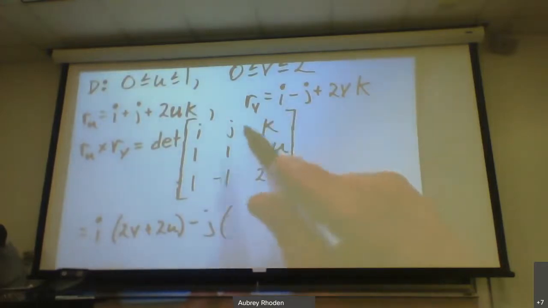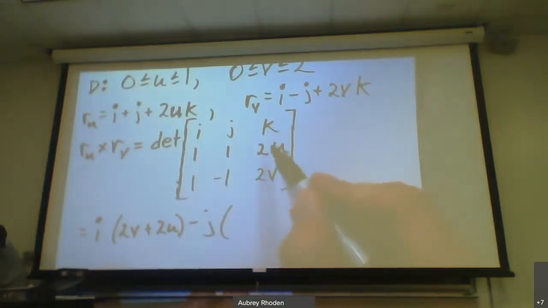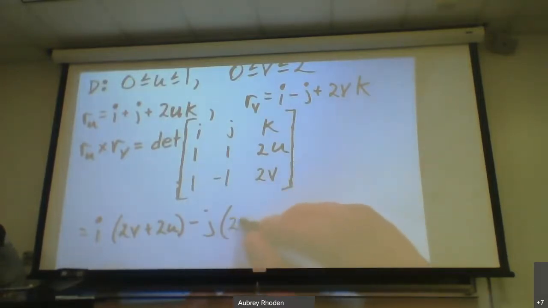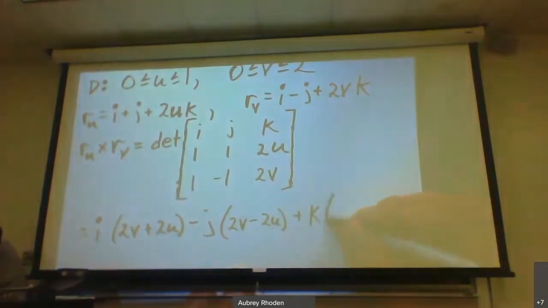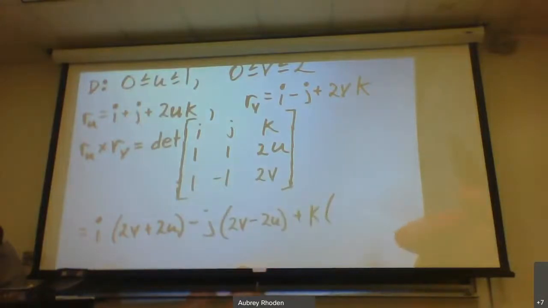Remember, when you do the middle component, it's going to be this one, this one, this one, this one, so that's going to be 2v minus 2u. And then plus k. Now we're looking at this section right here, so that would be -1 minus 1.